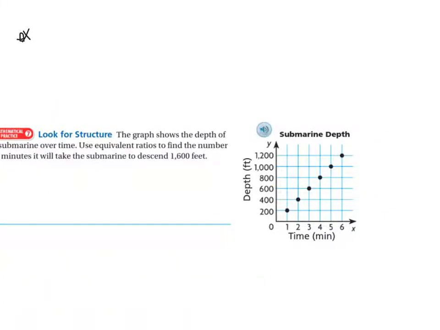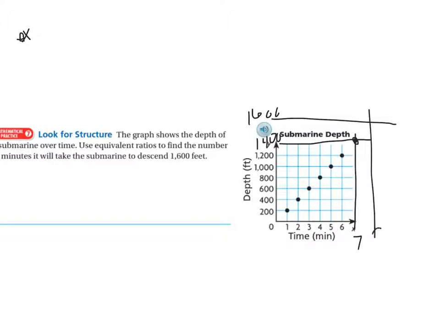This one would be 1,400 would be the next line, and that would be 7 minutes. And then 1,600 feet would be the next line, and that would be at 8 minutes. So I just had to extend the graph out and still stay on that line to see that it would take about 8 minutes.